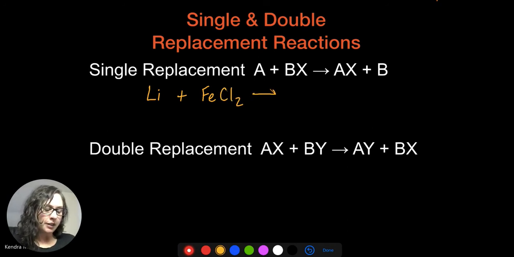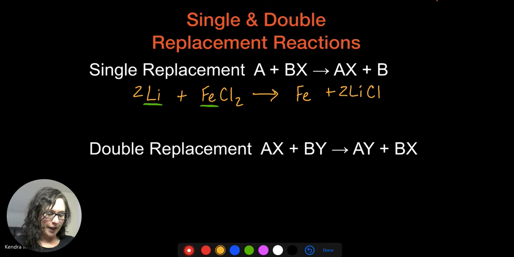What happens is the lithium, as long as lithium is more reactive than iron, which it is, it will replace. So the metal or the cation has to replace the cation. That's really important. If it was an anion, it could replace the anion. I'll give you an example of that in just a moment. And so this would end up giving us iron by itself plus lithium chloride. We have to go through and balance this, and we can do that pretty quickly and easily.